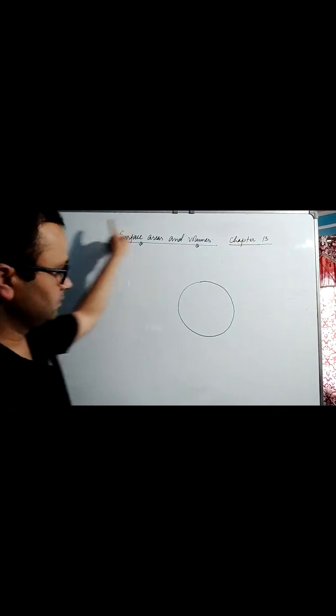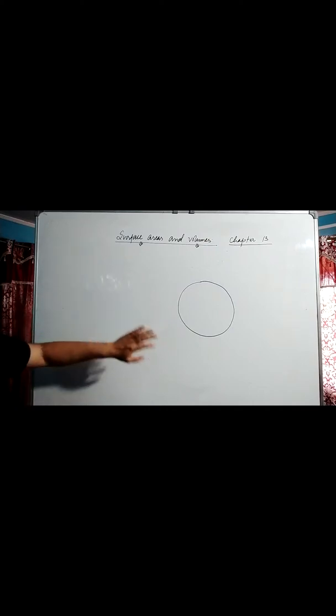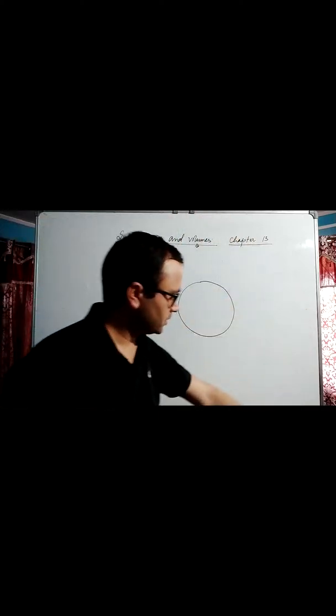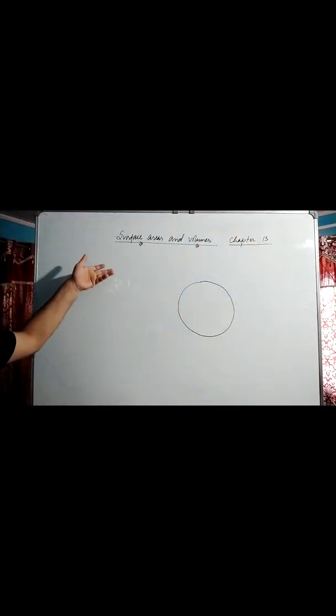Suppose now it is a cuboid. One face of the cuboid is this. Now the opposite face, the back face, is the opposite.